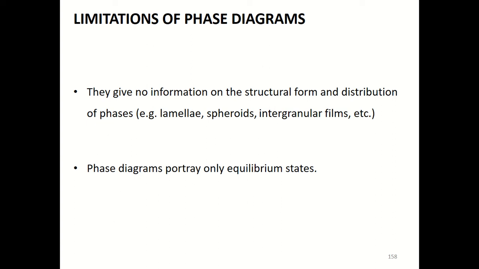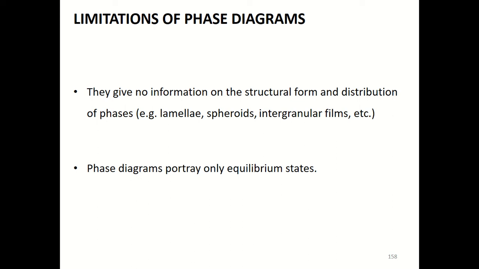For example, in some industrial applications, a process like quenching is involved. Especially for the heat treatment of steels, quenching plays a very important role. It is a process done in the industries. But with the help of this equilibrium diagram, information related to quenching cannot be obtained.